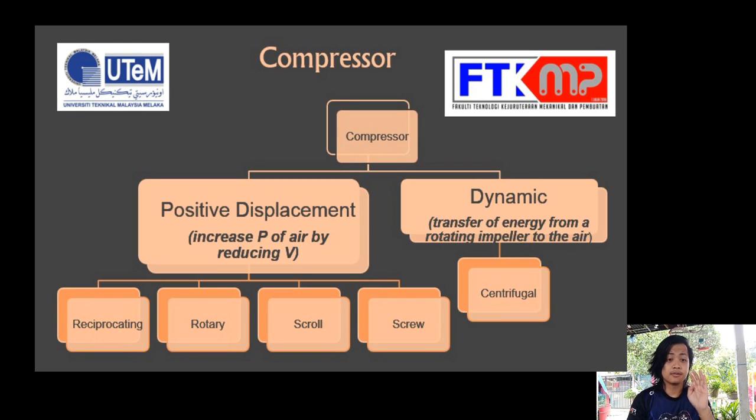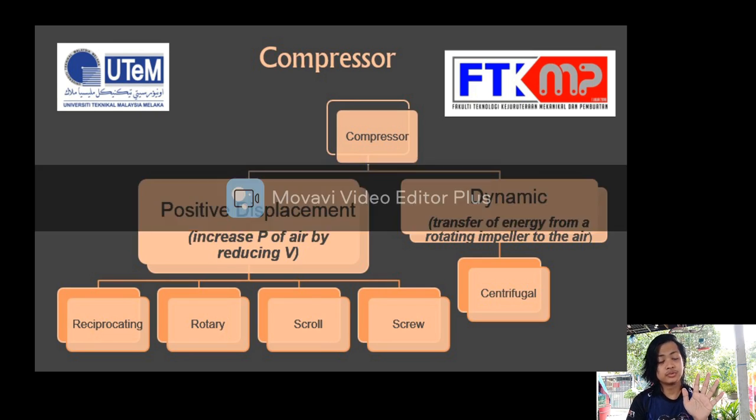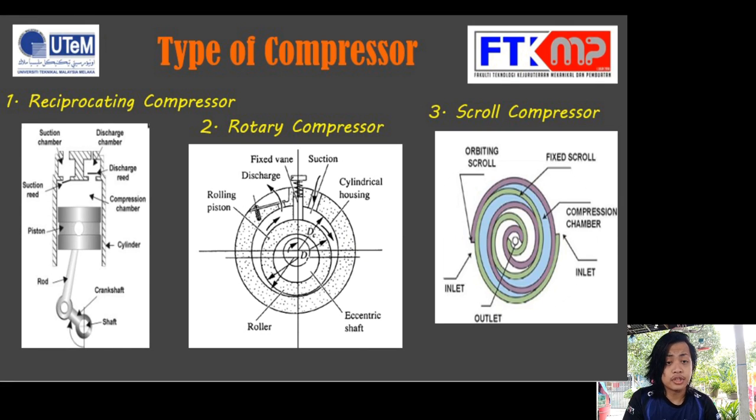So there are 5 compressor types that I want to tell you about. First is reciprocating, then rotary, scroll, screw, and centrifugal. In reciprocating, the advantage is that initial installation cost is typically low.